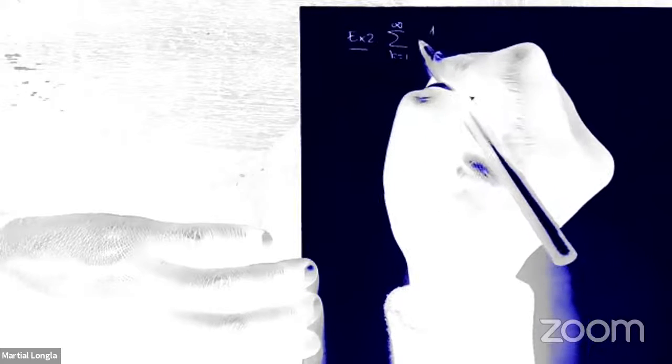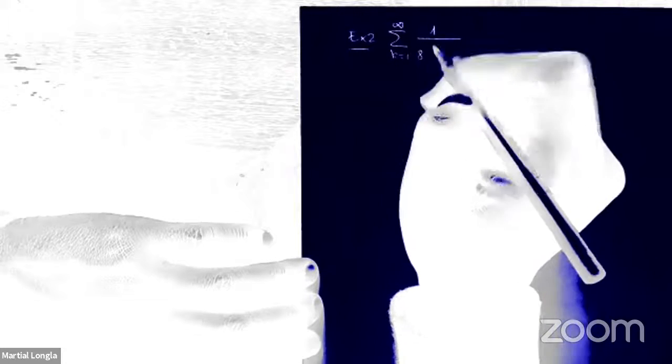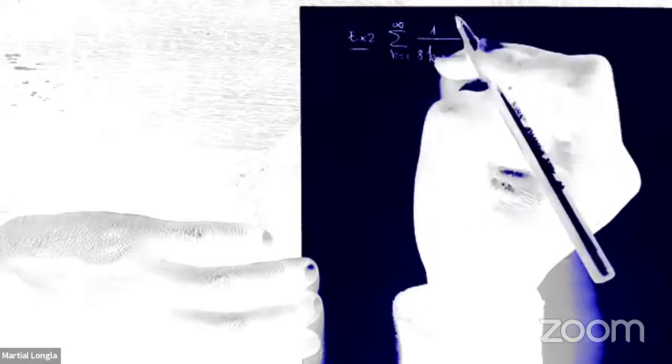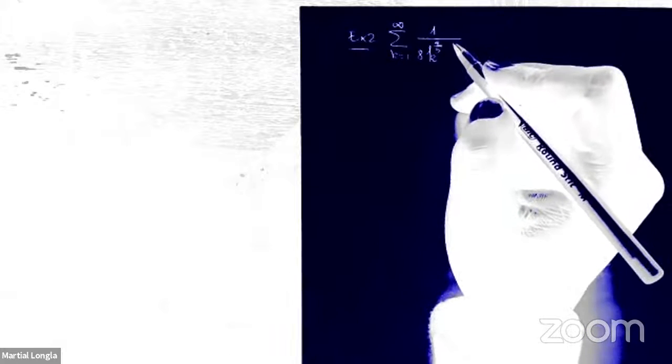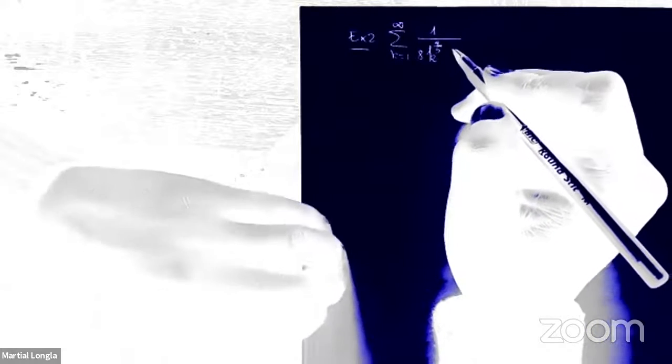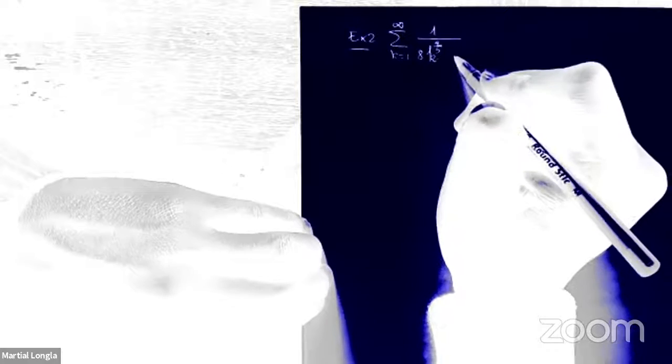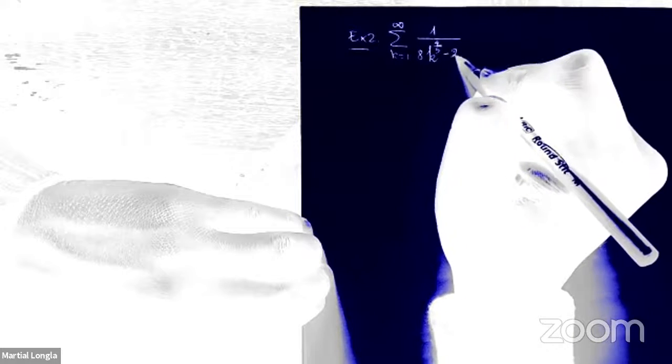So, example 2, we got sum k from 1 to infinity, 1 over 8 k to the power 4/5 minus 2.